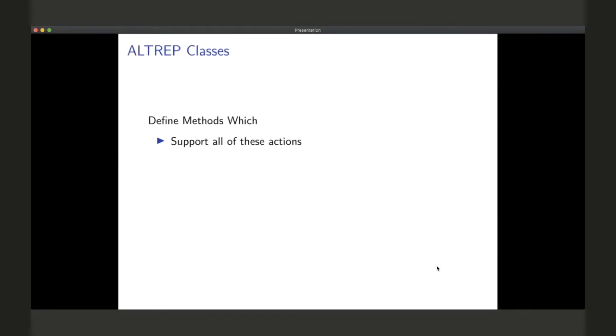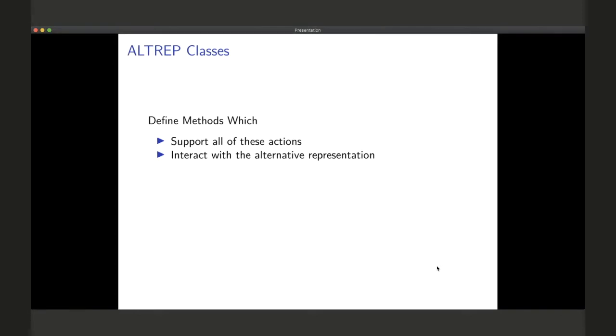And so what ALTREP classes do is they define methods which support each of these actions. And the methods are the only things that actually interact directly with the internal alternative representation that the ALTREP has.